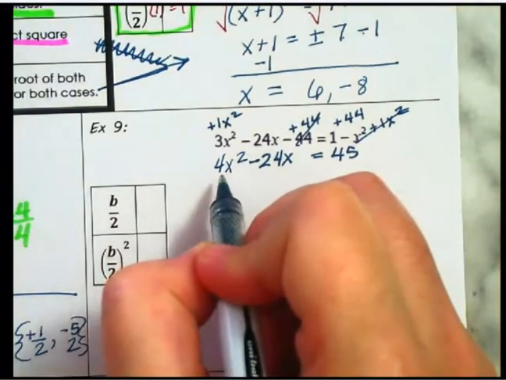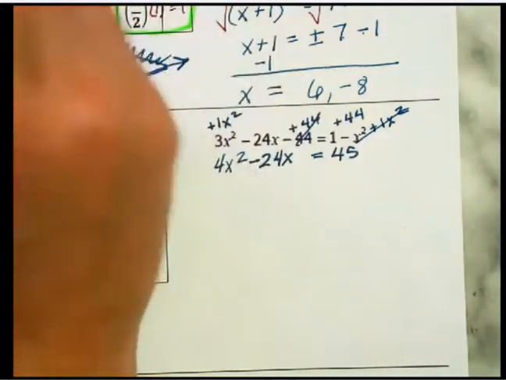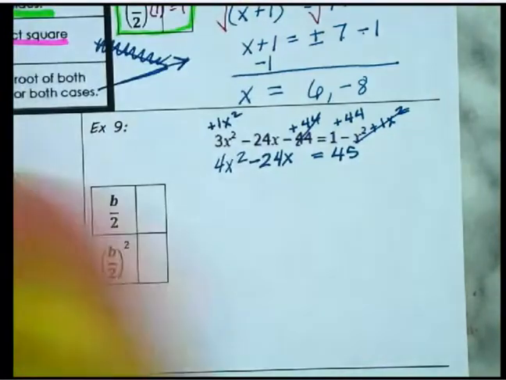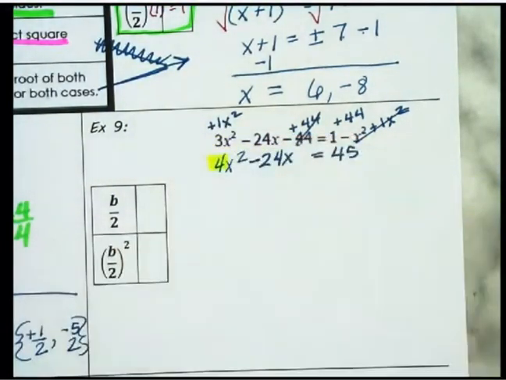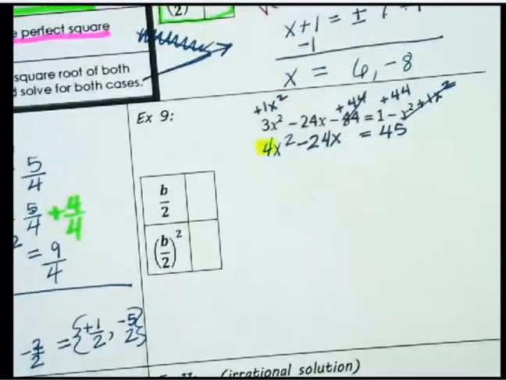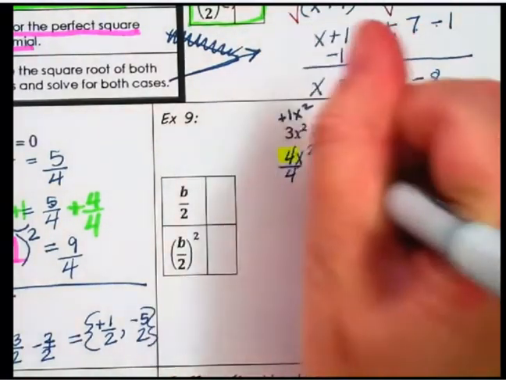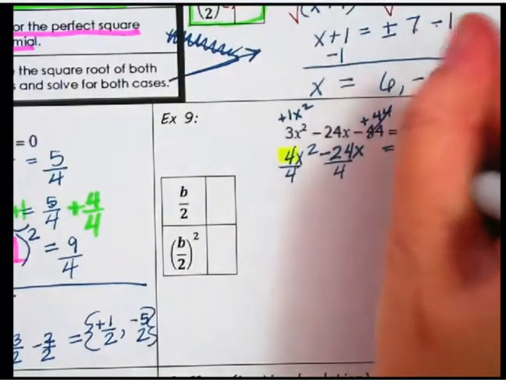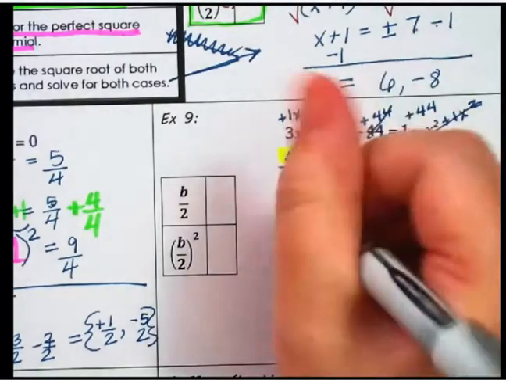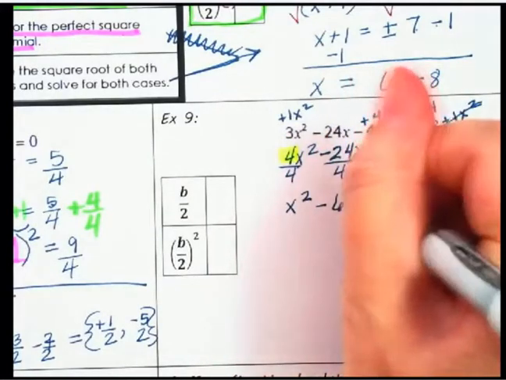So that is step 2. Maybe I need to highlight step 2 in yellow. You only need to do that when the a value is not equal to 1, okay? So I highlighted that in yellow. When the a value is not equal to 1. So divide everything by 4, 4, and 4. So this is x squared minus 6x equals.